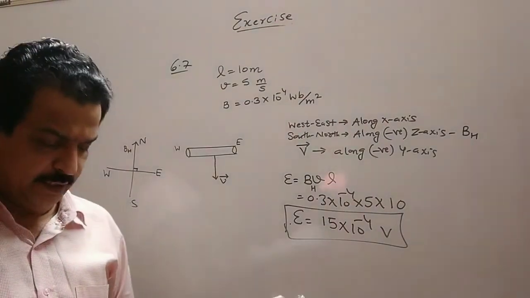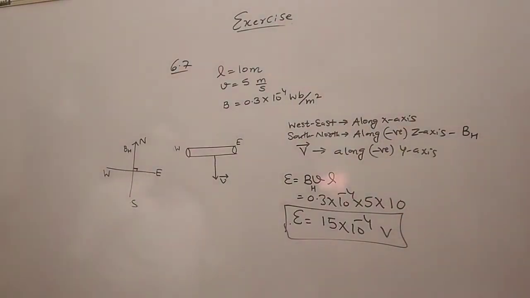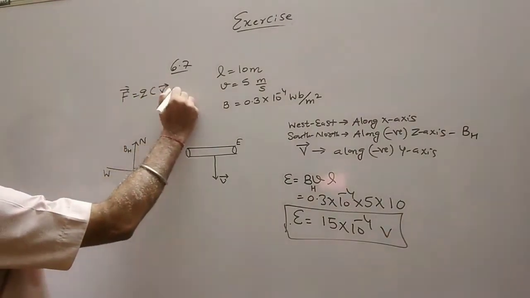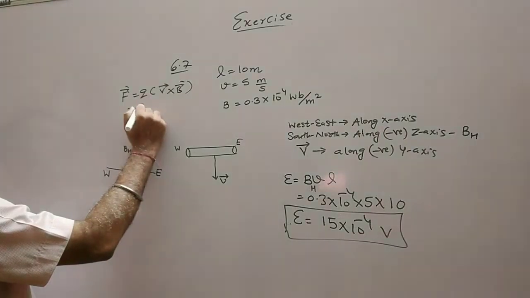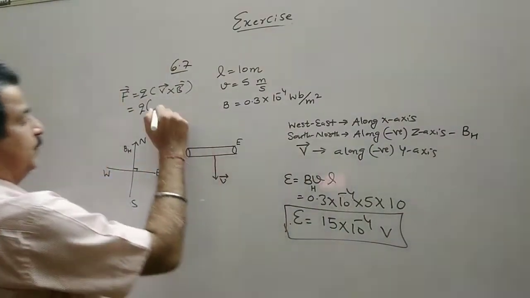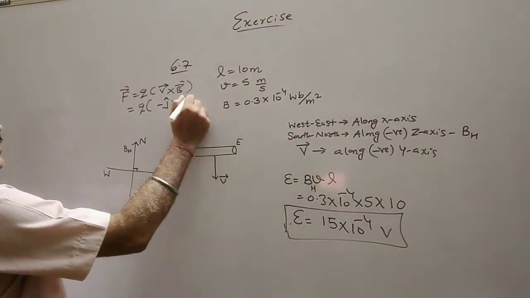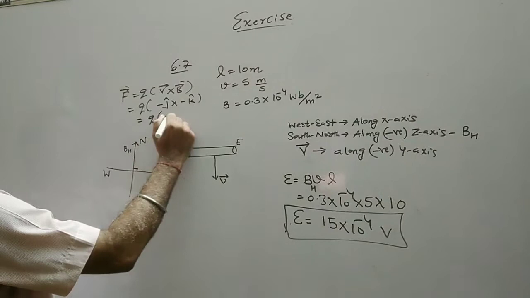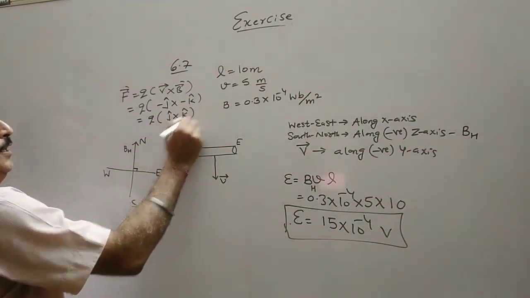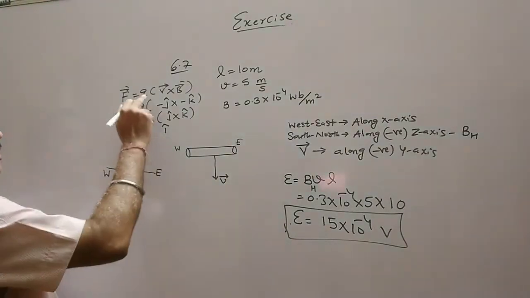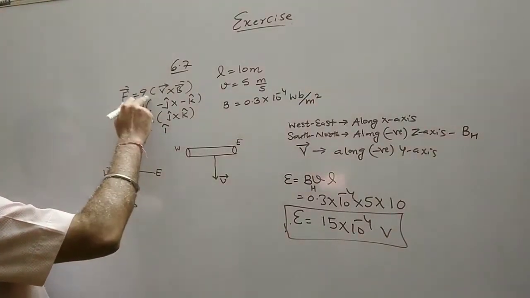Second part, what is the direction of EMF induced? To find the direction, F is equal to Q V cross B. So this becomes Q V, that is minus J, cross BH, minus K. So this becomes Q J cross K, that is equal to I. So the direction, all the electrons will accumulate at the negative end, because this formula is for a positive charge.